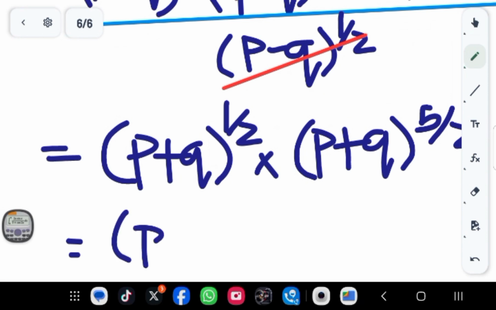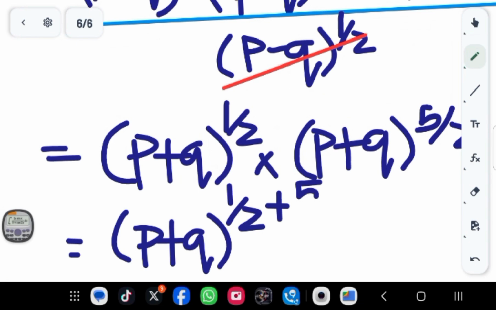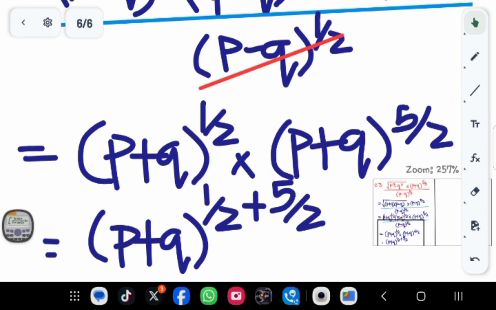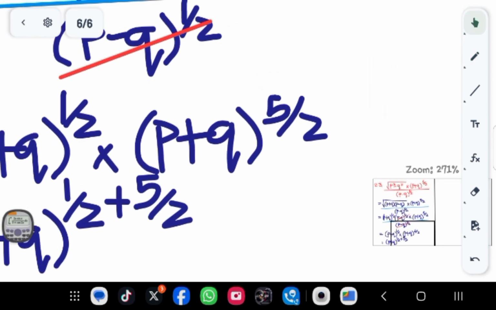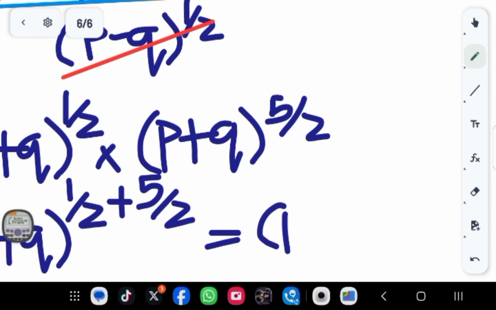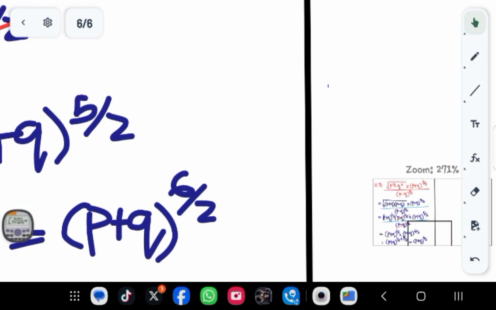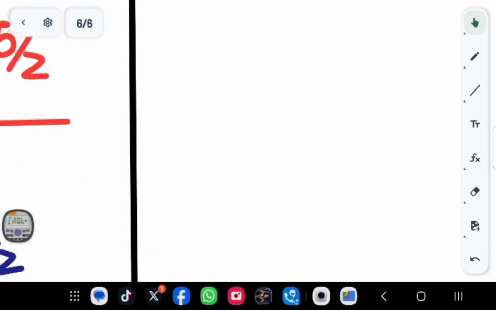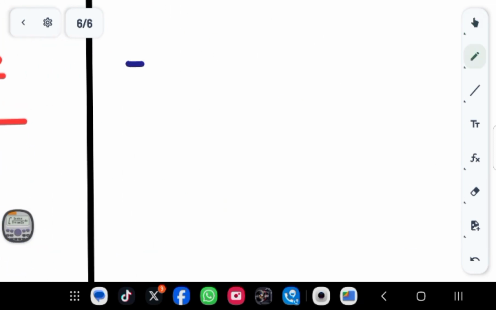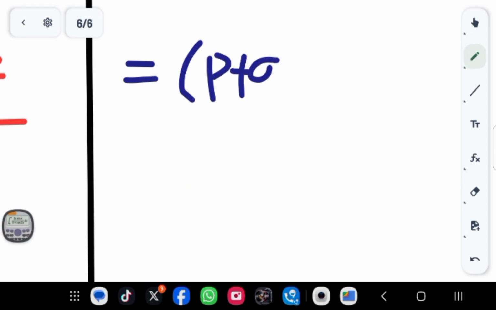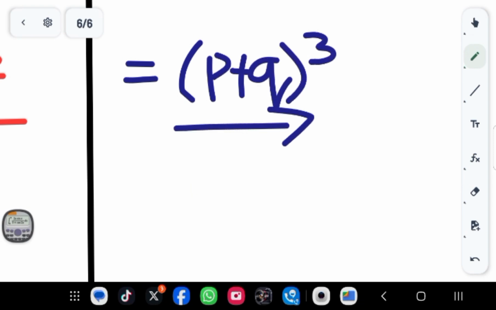So that will be p plus q to the power of 1 over 2 plus 5 over 2, which equals 6 over 2. So that will be p plus q to the power of 6 over 2, and 6 over 2 equals 3. So that leaves us with p plus q all to the power of 3. And that is your answer.